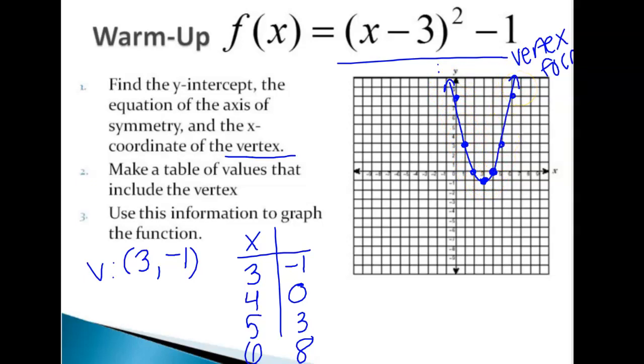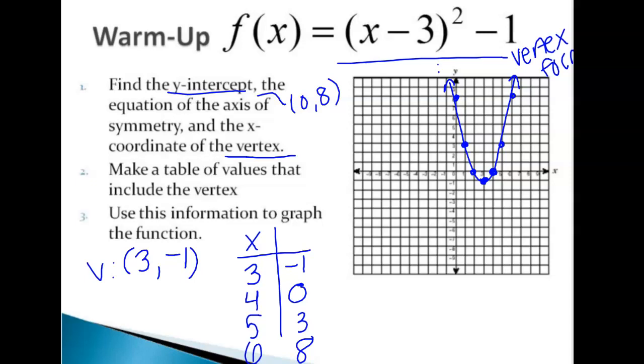So it asks you to identify the y-intercept. I got the y-intercept through my graph. The y-intercept is at (0, 8). If you didn't get the y-intercept through the graph, you could find it algebraically, which I think is what some of us ended up doing on number 14: you FOIL the (x minus 3) squared and put it into standard form. Going from standard form to vertex form is more complicated.